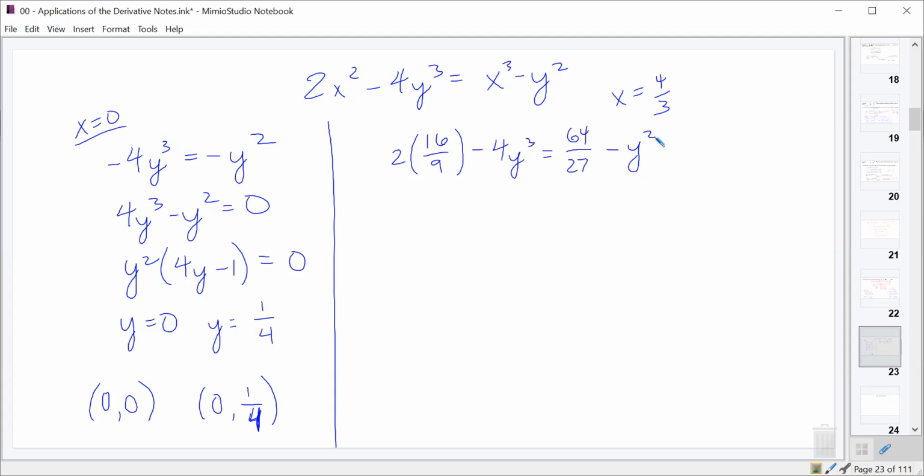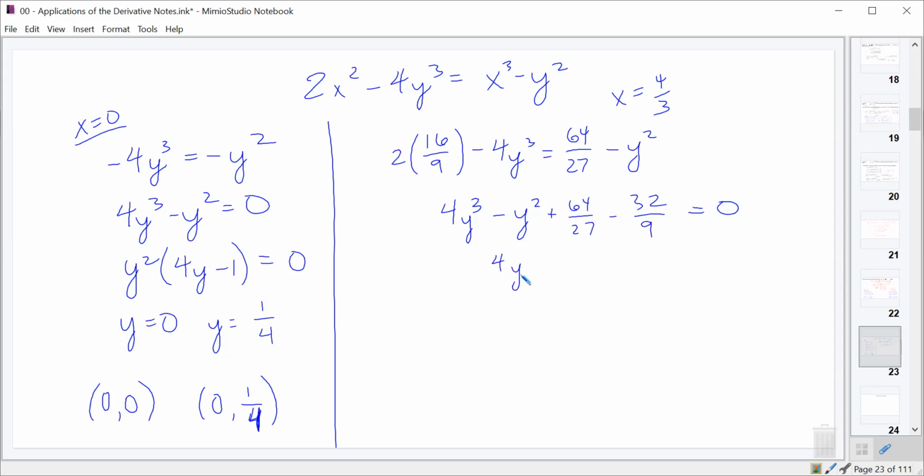This is just a cubic. And in order to solve this cubic, we just need to get it set equal to 0. So we'll bring the 4y cubed over, positive 4y cubed, minus y squared. And then we've got plus 64/27, and then minus 32/9. And that's now going to equal 0.